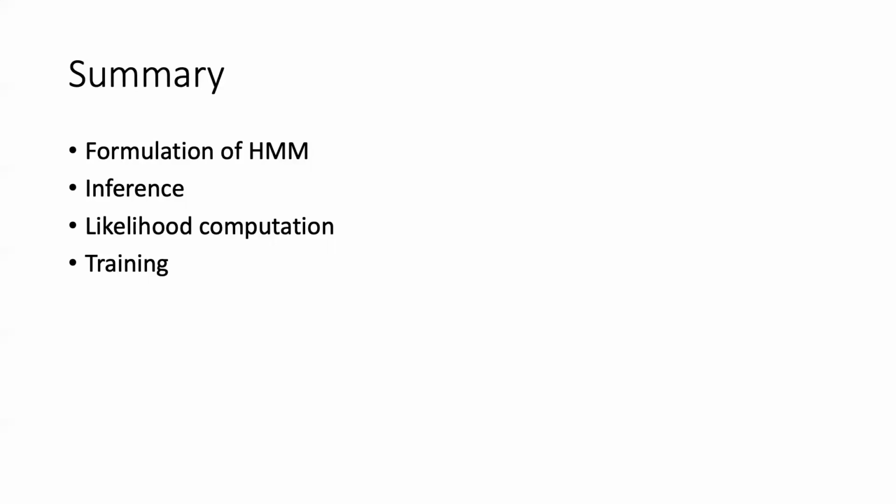We also discussed the forward algorithm to compute the likelihood of the data using forward and backward probabilities. And finally, we discussed two approaches to estimate the parameters, depending upon the availability of labeled data: supervised and semi-supervised approaches.